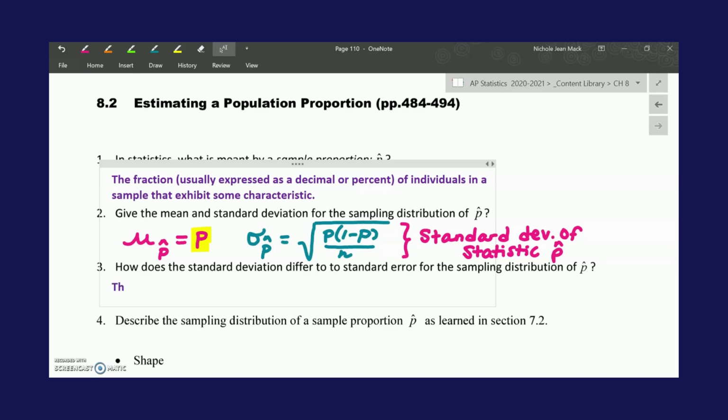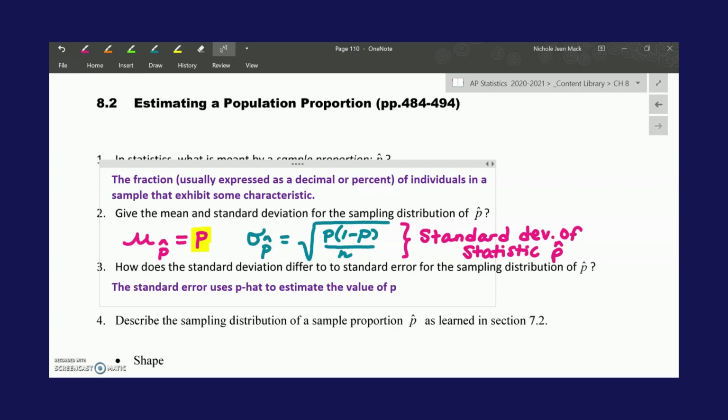Standard error uses p hat to estimate the value of p.